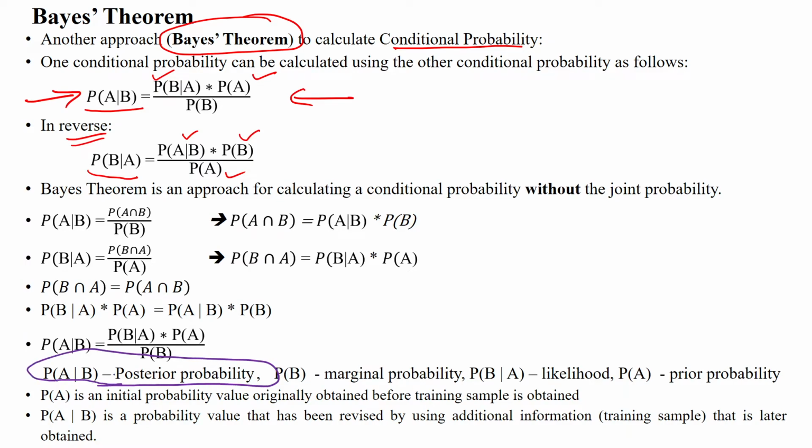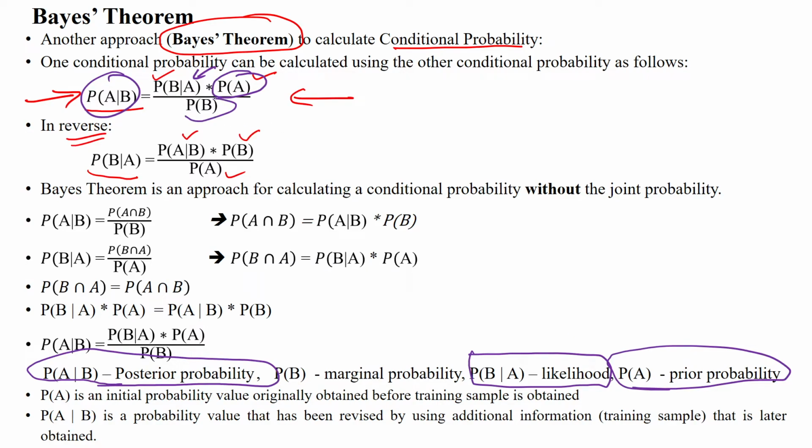Probability of B given A is the maximum likelihood, probability of A is called the prior probability, and probability of B is called the marginal probability. So here we have four different terminologies, right? In the numerator we have the maximum likelihood and the prior probability, divided by the marginal probability.